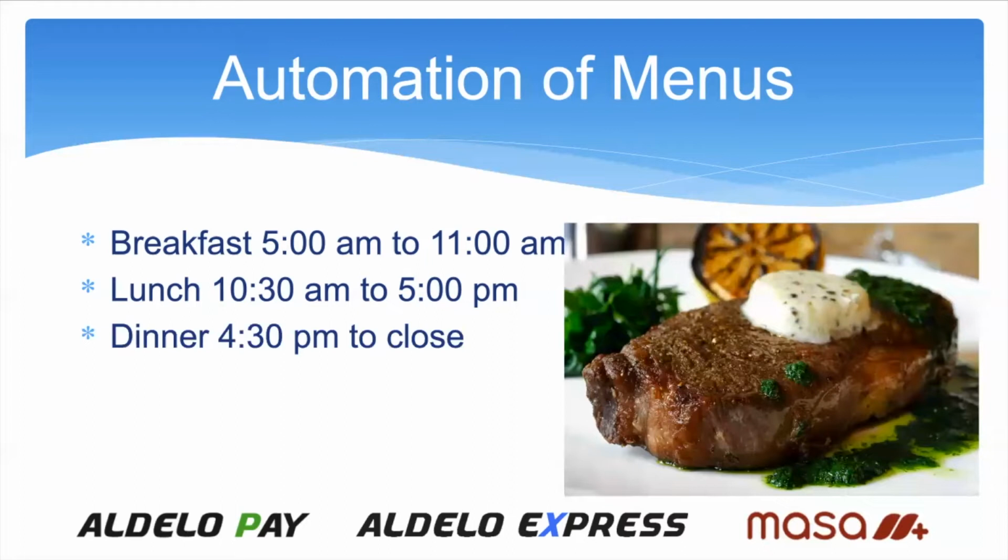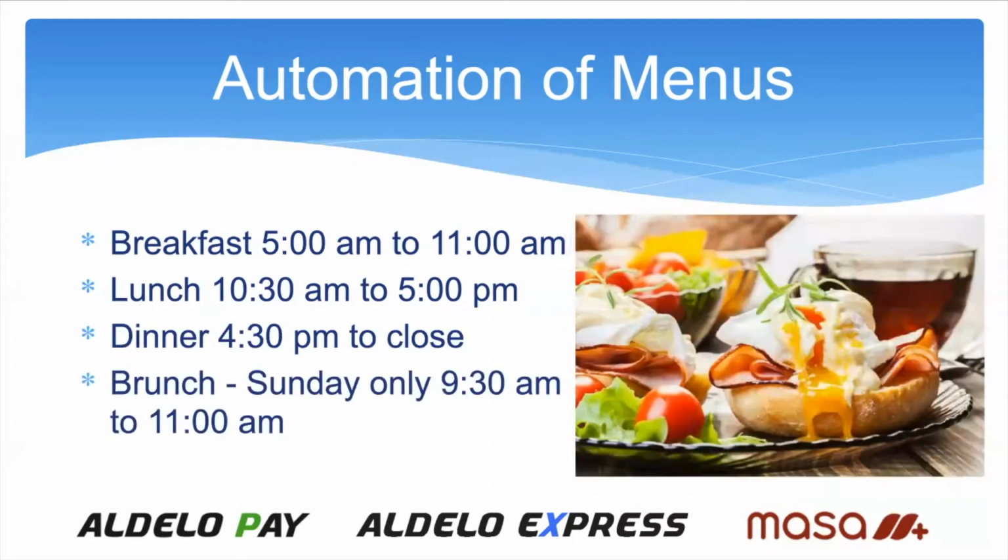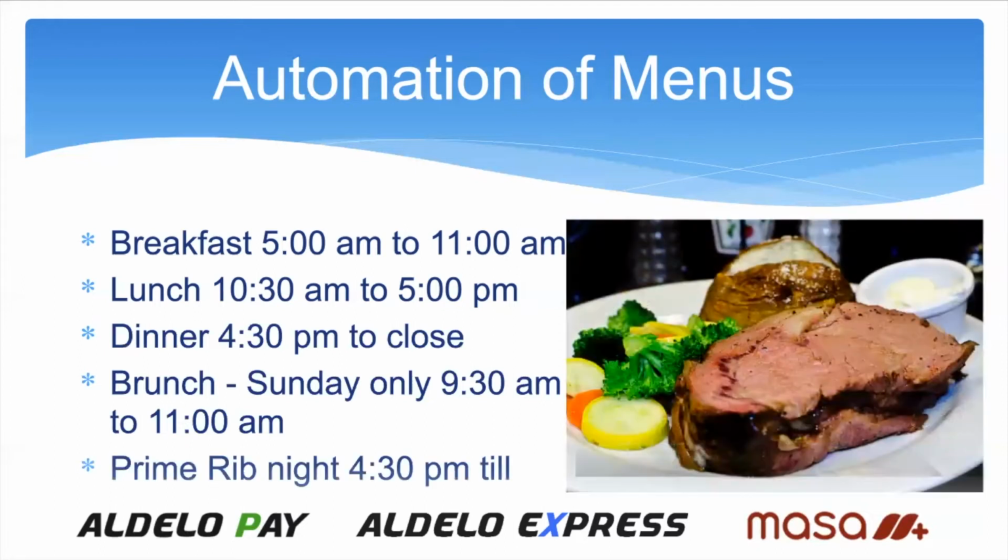Then if you had something with a brunch, we can now run a brunch menu that's only available Sunday from 9:30 to 11. Different items, same items maybe, but it just depends on how they want to run it. But you would have a brunch menu then pop up at those times. And then there's those times where you have like prime rib night. Friday nights in the restaurant could be a prime rib night.